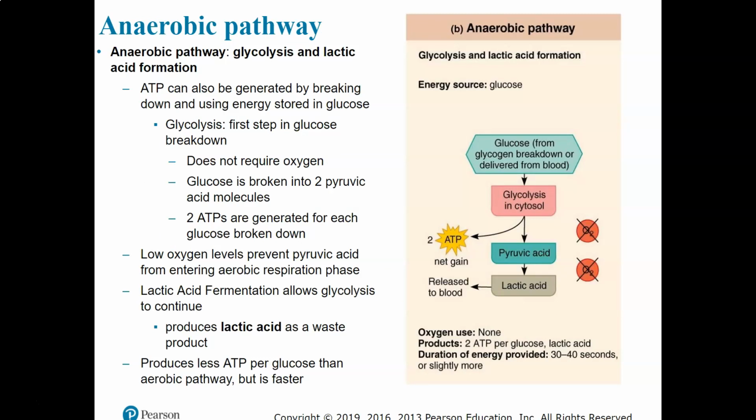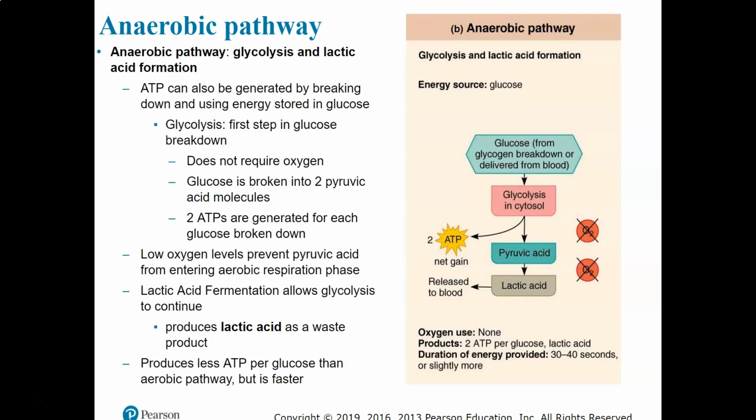The anaerobic pathway is going to generate ATP through glycolysis, and then it's going to continue that glycolysis without oxygen through lactic acid fermentation. So, glycolysis breaks down glucose into pyruvate, and in the process it produces 2 ATP. That's all the ATP the anaerobic pathway generates.